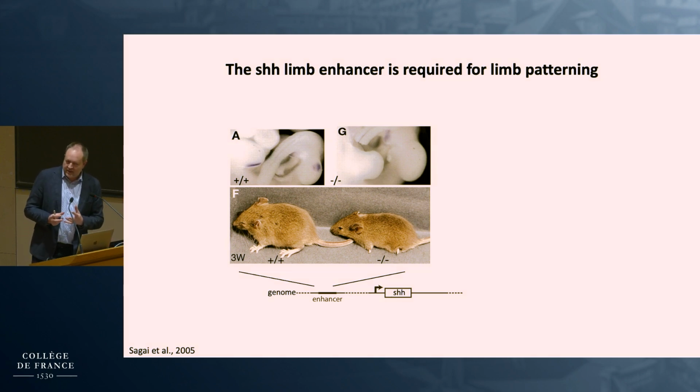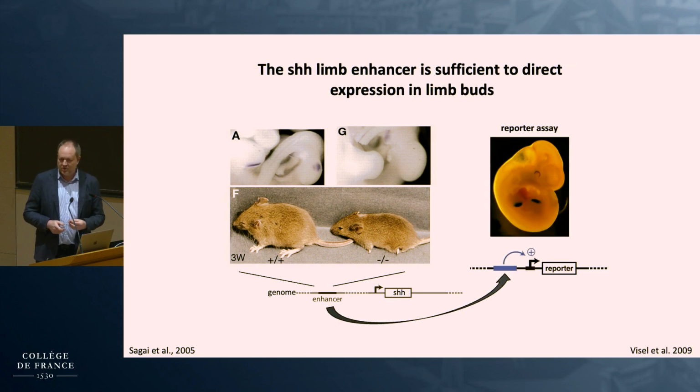But a second property I find even more fascinating, and it actually underlies most of what I'm going to talk about today, and that is that enhancers can also be sufficient to drive gene expression patterns.